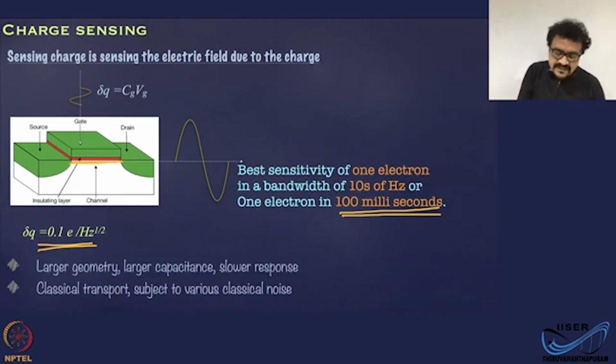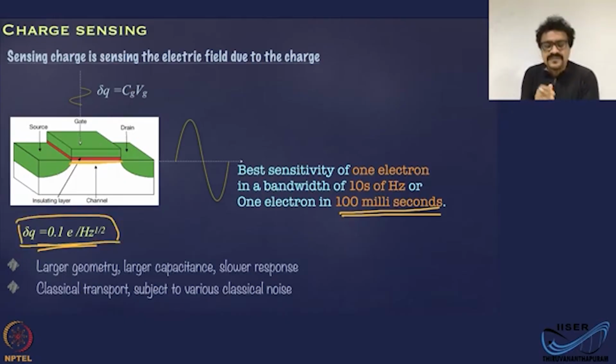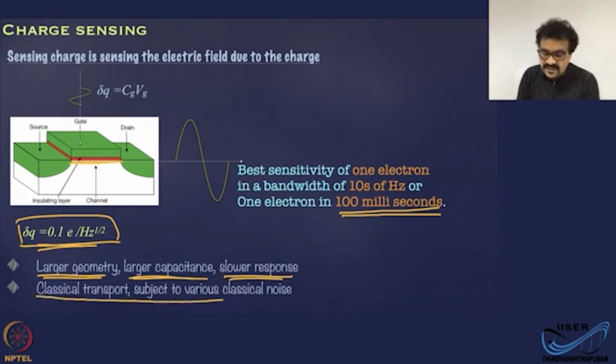So this is not a viable option to sense charge motion in mesoscopic devices. First of all, these are much larger in geometry because they have large capacitance and slower response, and this transport is classical, so subject to a lot of classical noise.